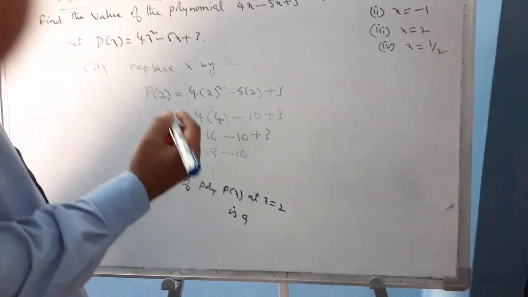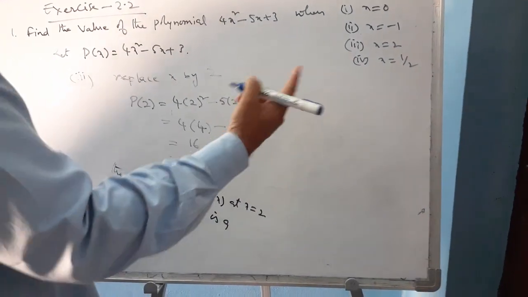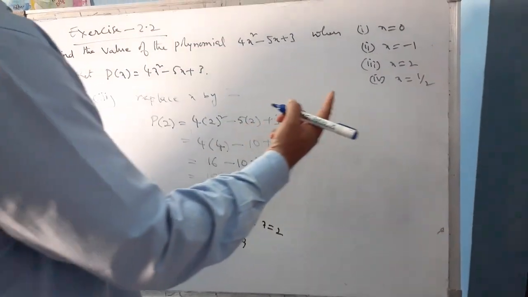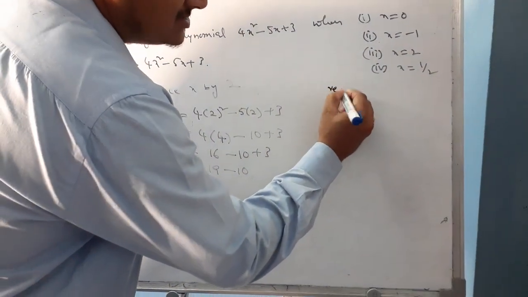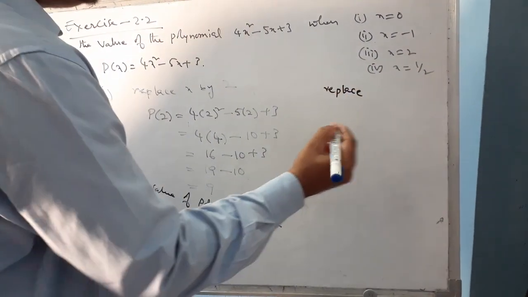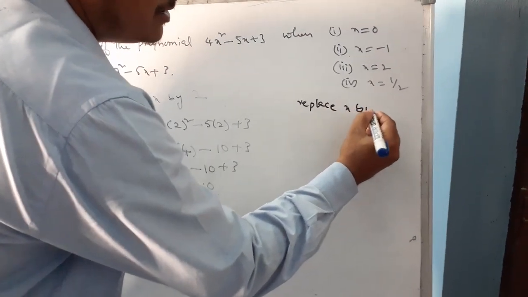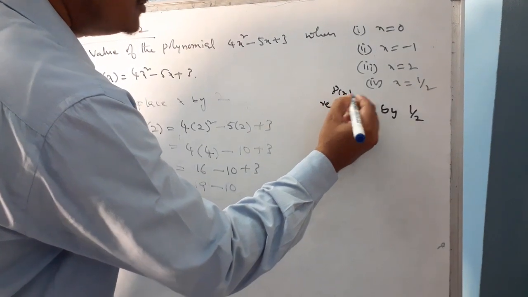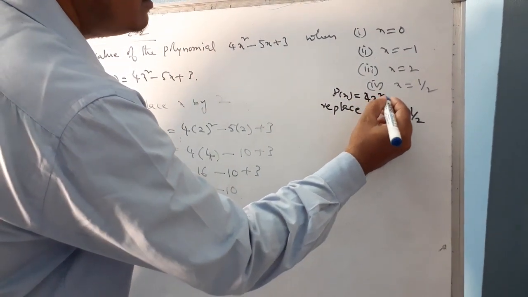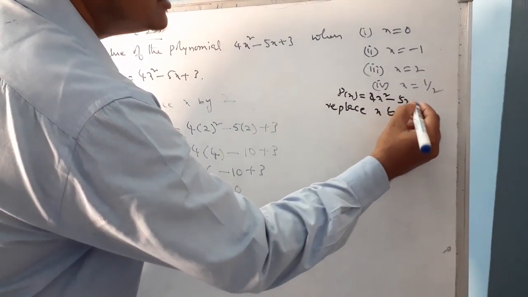Next, we have to find the value of the polynomial p of x at x equal to 1 by 2. So replace x by 1 by 2. p of x is equal to 4x square minus 5x plus 3.